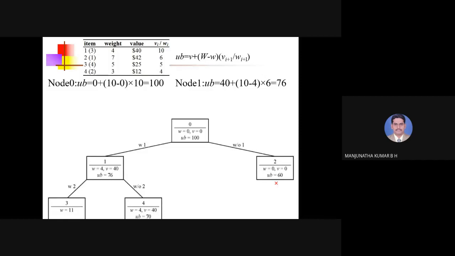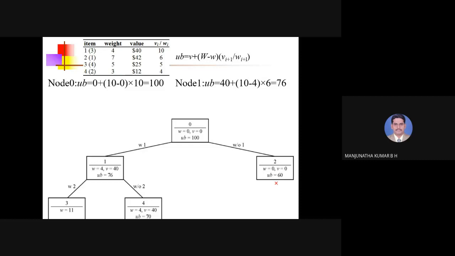So that is what W1 means: with item 1. WO1 means without item 1. W1 means I am going to place item 1 into the knapsack. The next choice is without item 1. Suppose you are not placing the first item into the knapsack, so what is the child node?